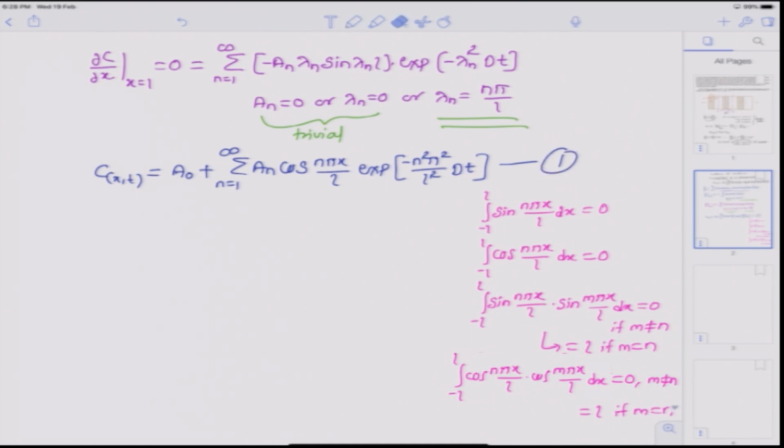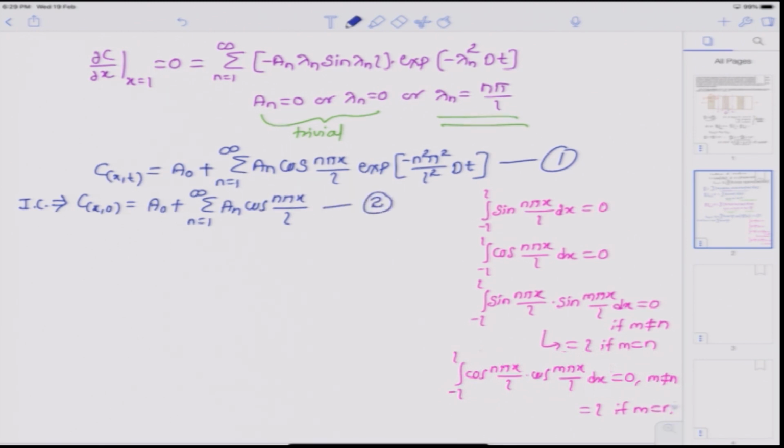Now, we have the equation for C of x t, which is given by equation 1. Now, we will use the initial condition. C of x 0 would be a 0 plus sigma n equal to 1 to infinity a n cos n pi x by L, and exponential 0 is 1. So, let us call this equation 2.